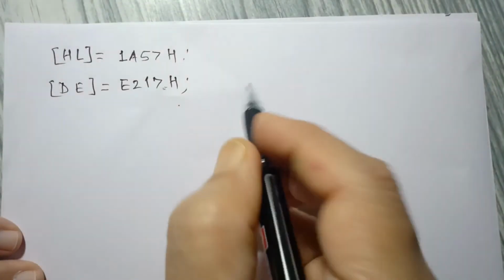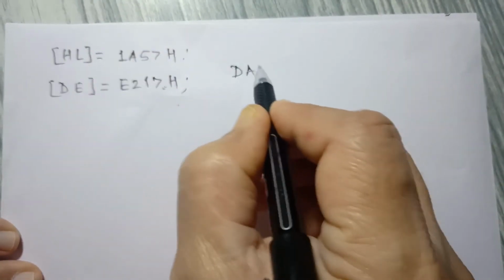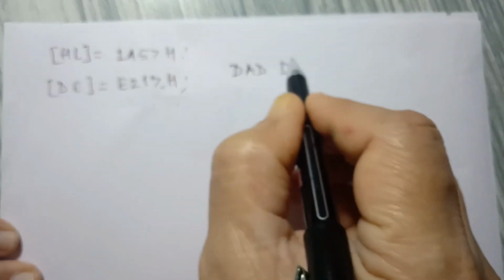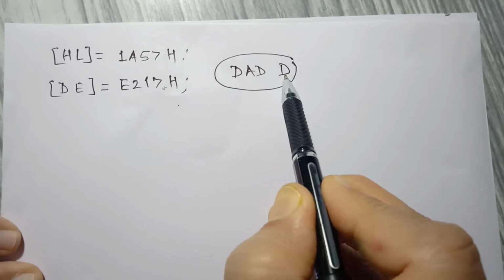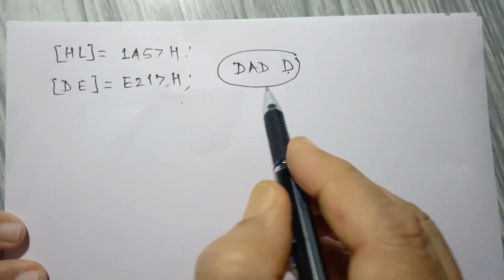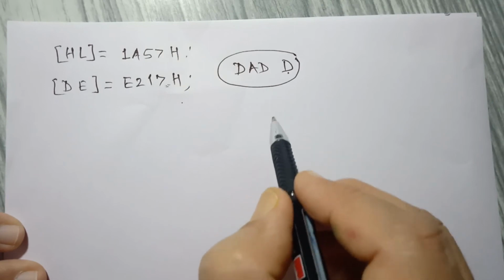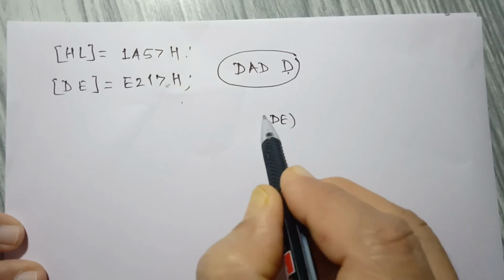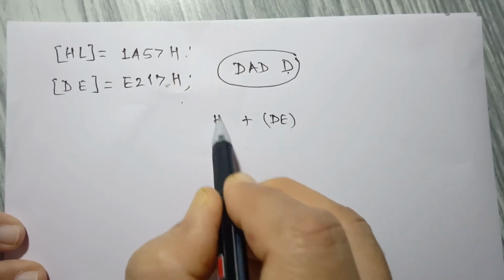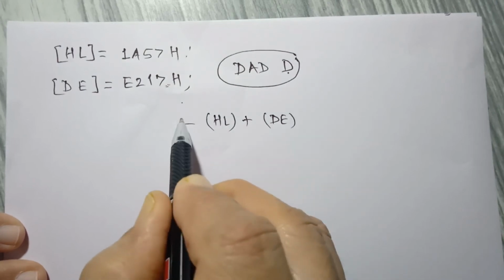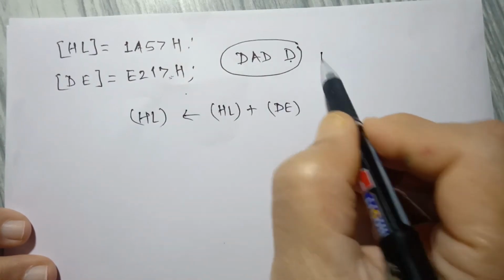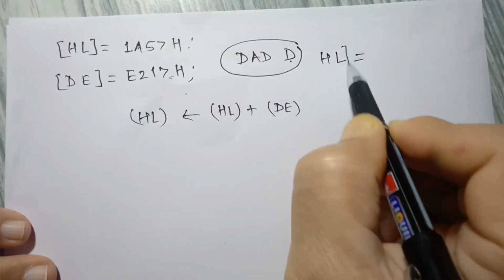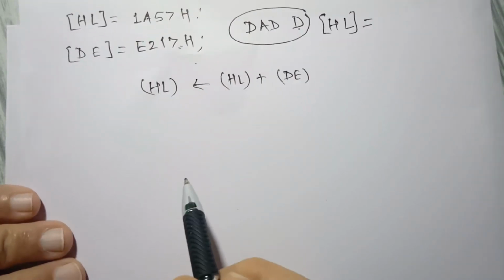So these are the sample data, and now you are going to execute, say, DAD D. This is the instruction, double add register pair DE. When this is executed, the contents of DE are added to the contents of the HL pair, and the sum is placed into the HL pair, and therefore you will get some result in HL. Let us see what it comes to be.